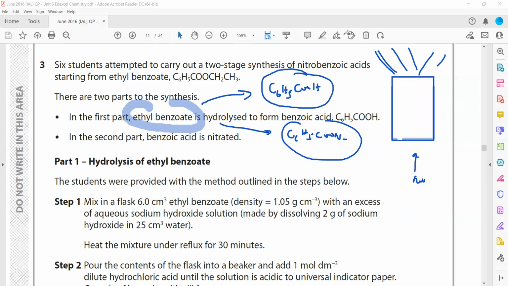It will be crystals of benzoic acid, and crystals of sodium benzoate. Two different crystals will be there. That's why the mass obtained by student E is much higher than the mass obtained by student A. Student A used recrystallization, so most of the crystals formed are benzoic acid. Is this part clear?